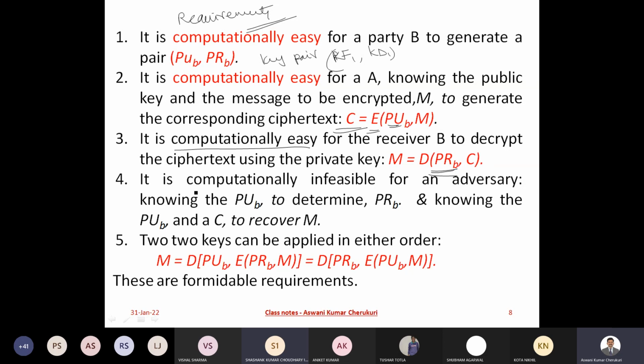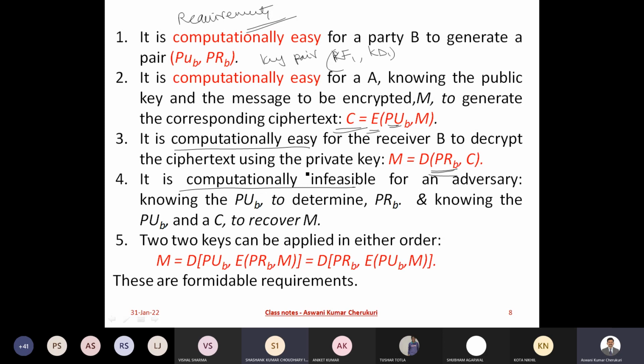Similarly, it is computationally infeasible for an attacker, having known the public key, to calculate or deduce the private key. That should not be possible. Computationally, it should be infeasible.